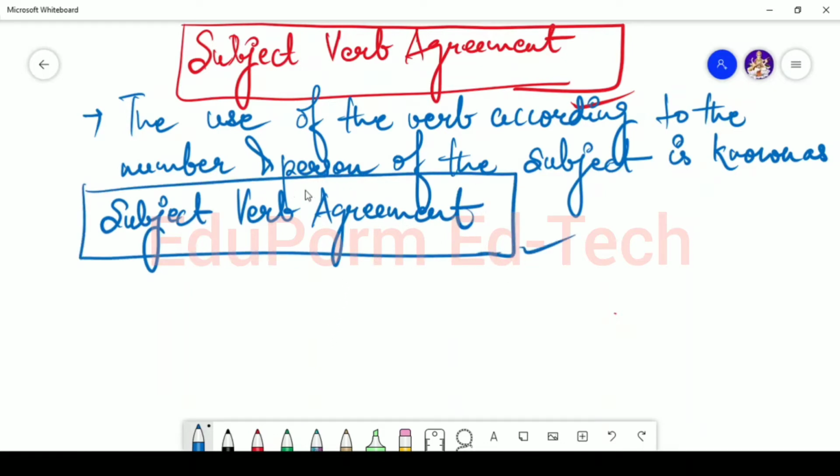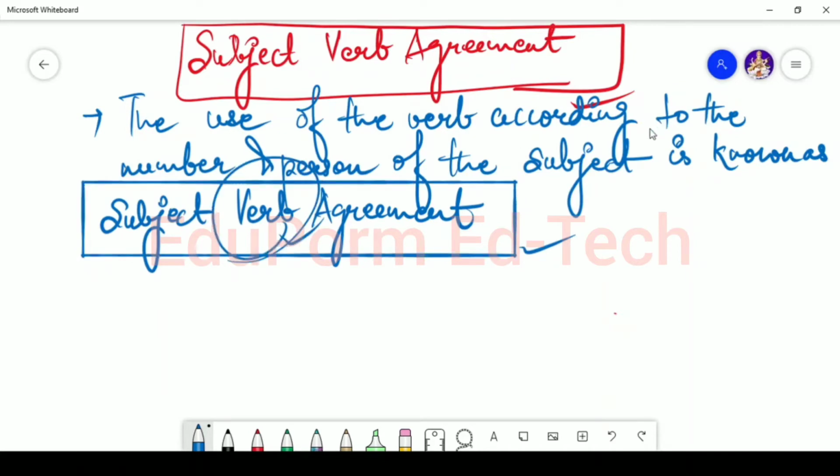So here you see that the verb is being used according to the number and the person of the given subject.